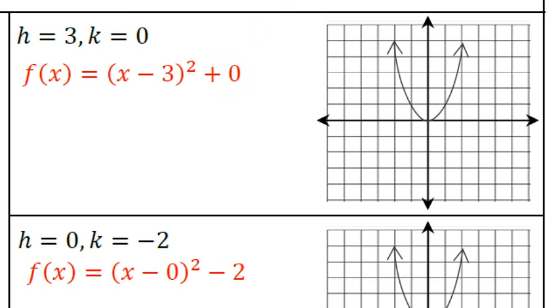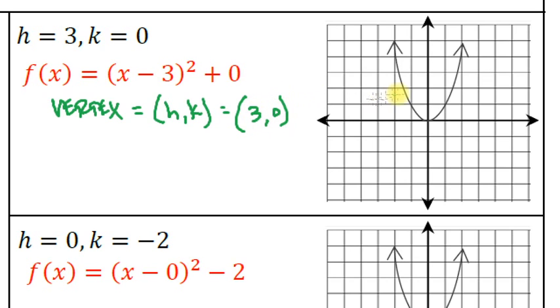Because of this information, we know the vertex is of course going to be at h comma k, which is going to be at 3 comma 0. All right, so here's our vertex, 1, 2, 3, comma 0. There's our new vertex.